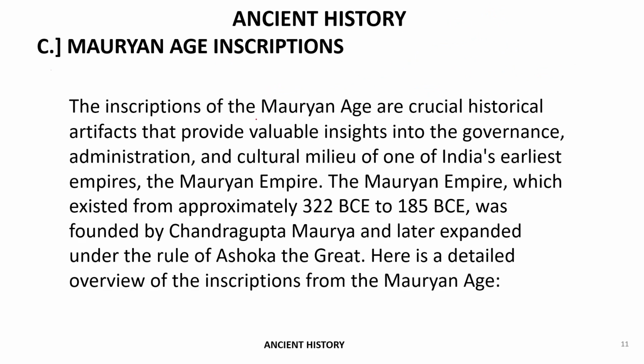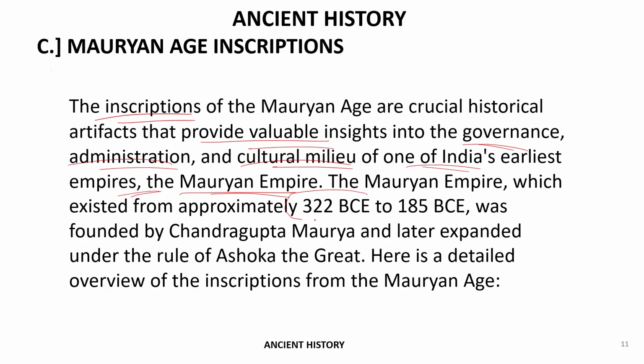Basically, the inscriptions of the Mauryan age are crucial historical artifacts, providing valuable insights into the governance, administration, and cultural milieu of one of the earliest empires, the Mauryan Empire.